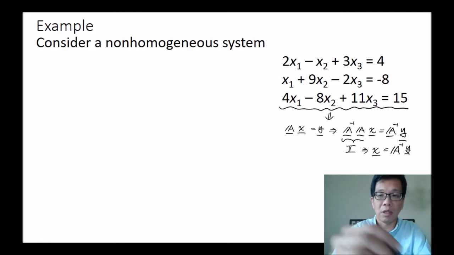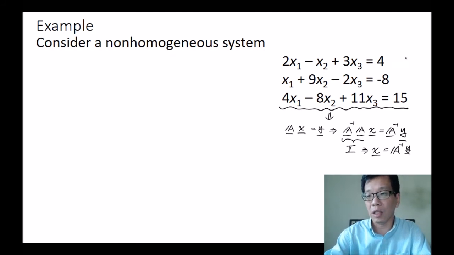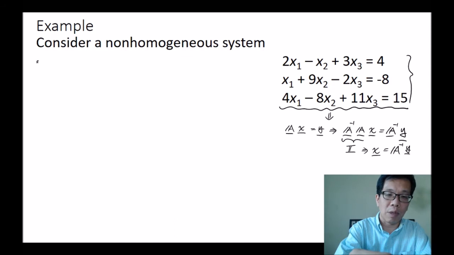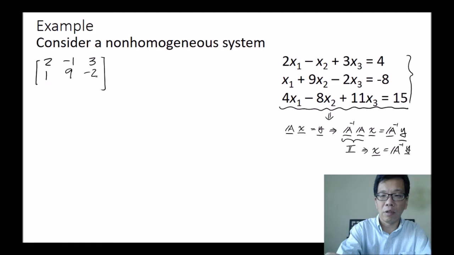So let's start. So I got 3 linear equations over here. I put them in matrix format. Then I got 2, -1, 3, 1, 9, -2, 4, -8, 11.